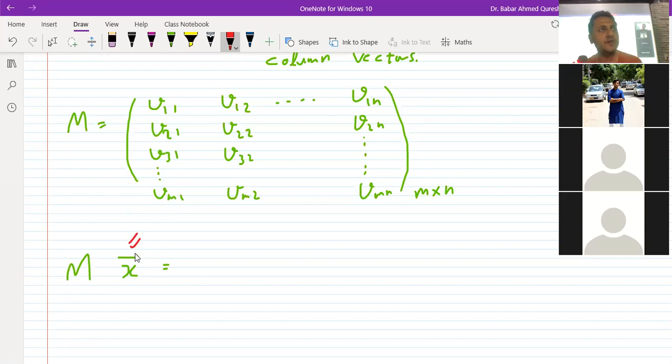If I am not using some of them, that means I'm not talking about their relationship with each other. I have to make a linear combination of n vectors and multiply with some numbers, so I need n numbers. So this vector better be n dimensional. So you can multiply an m by n matrix by an n dimensional vector, not otherwise.